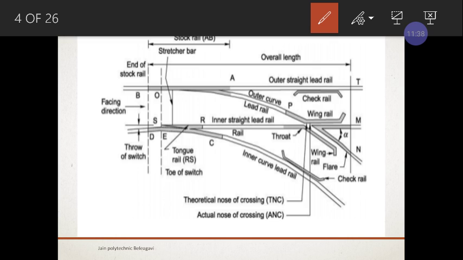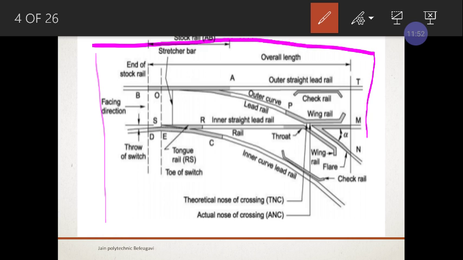A turnout is the combination of switches and crossings. This whole portion is called a turnout because it is a combination of points and crossings.